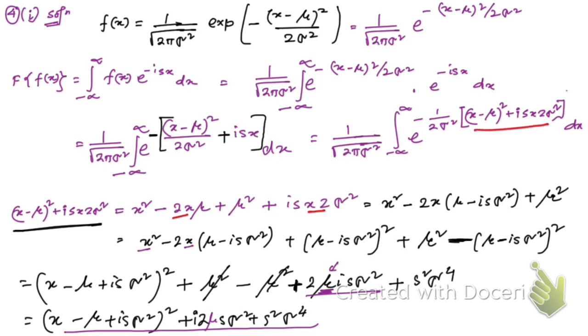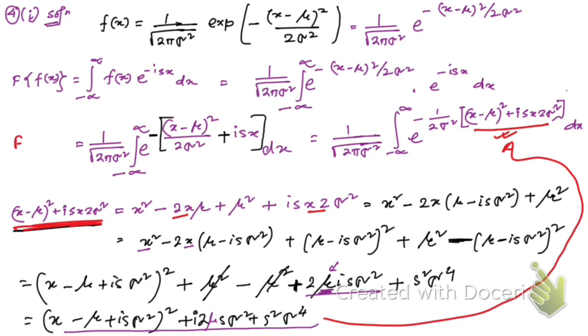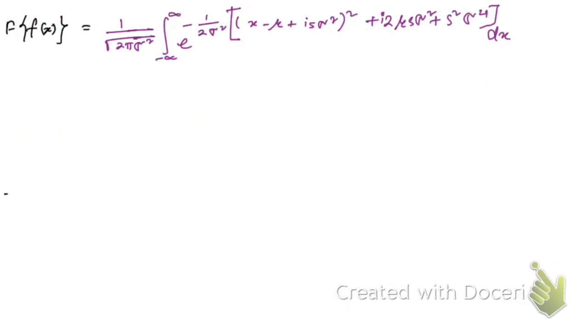This is nothing but this one, and if you use this result here, then this is nothing but the Fourier transformation of small f of x. So let me write the result obtained after putting this result here on the new slide. So we have got this result.